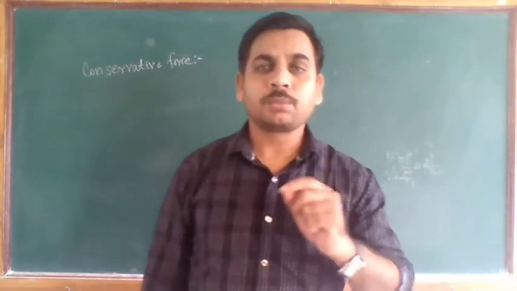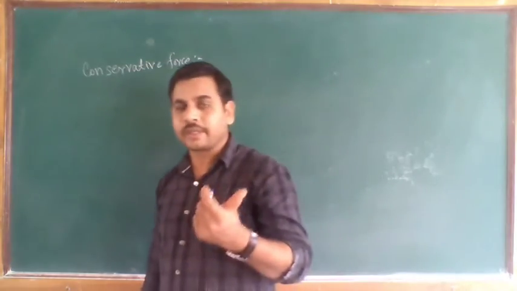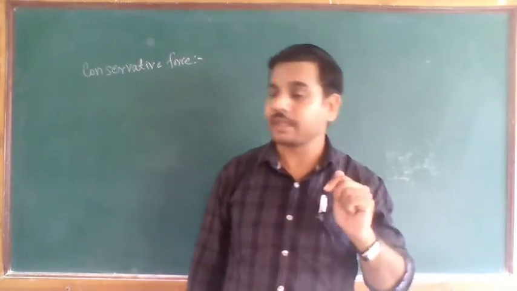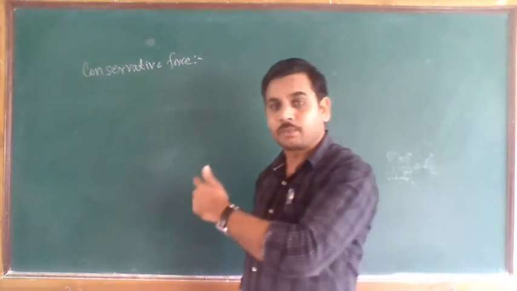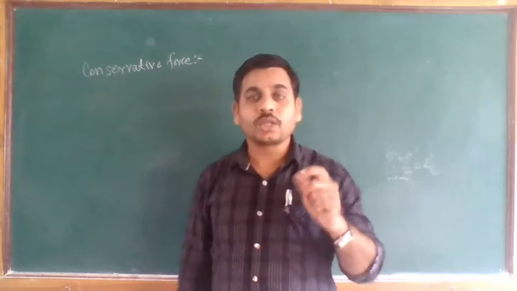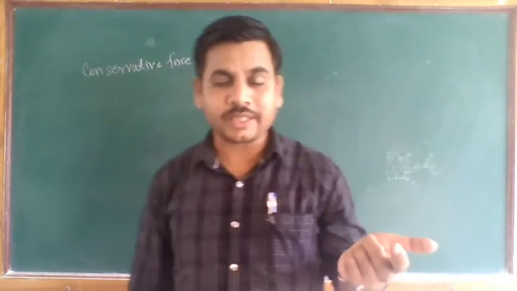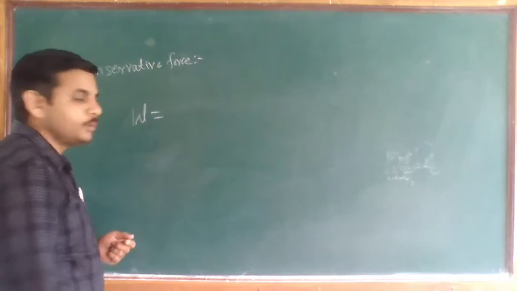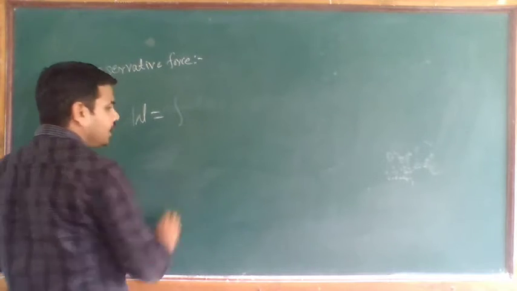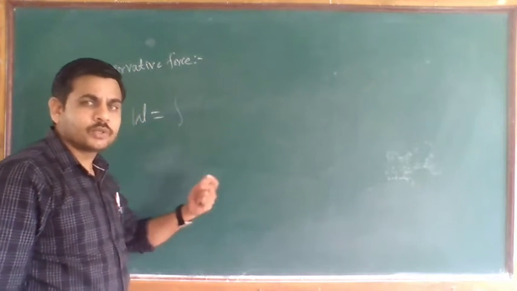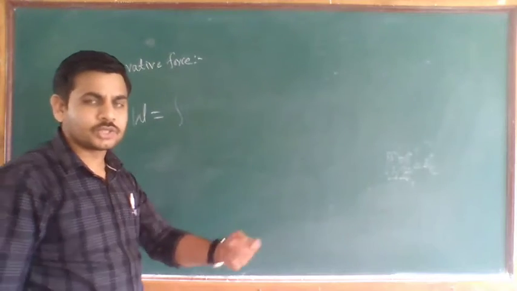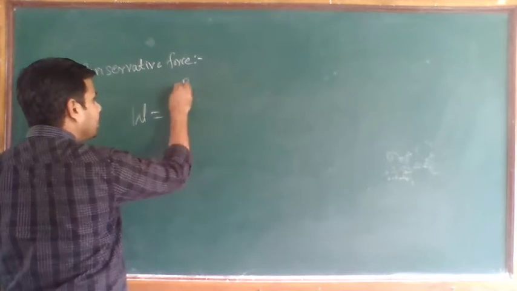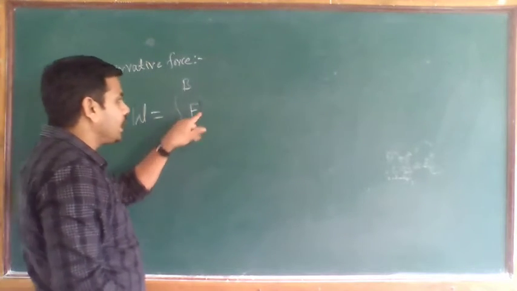In this motion of the object, the total work done in moving the object, when we apply the force to that body, can be determined as W equals the integral from position A to position B, where the object moves from one position to another.